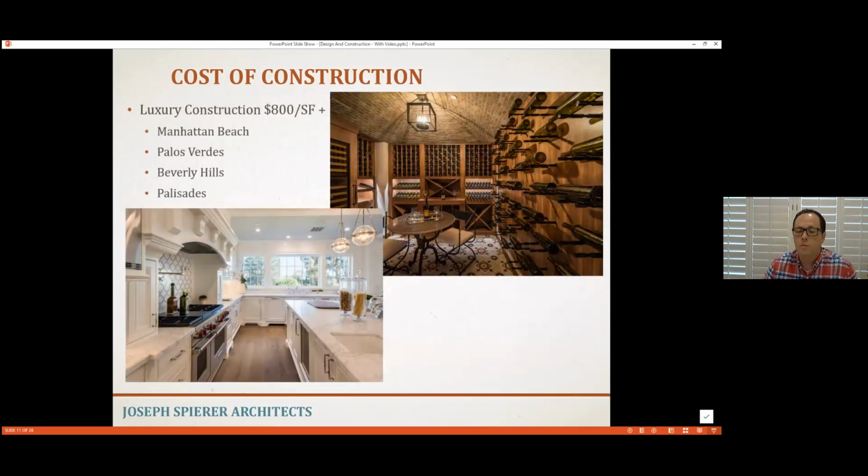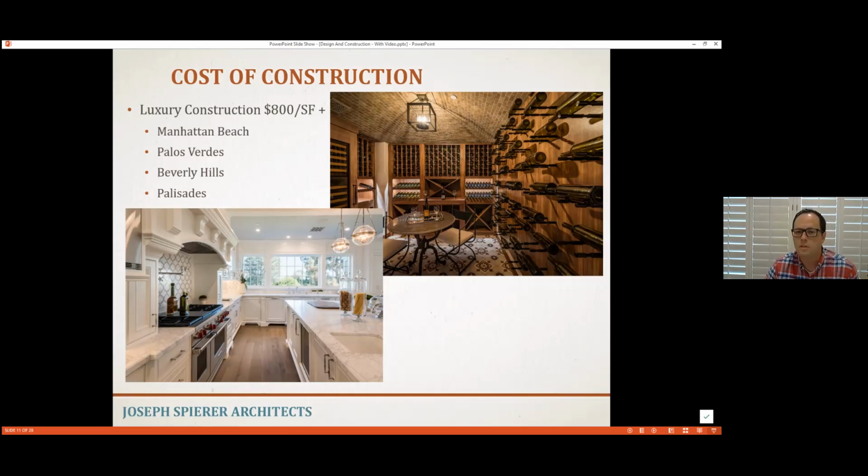Then, of course, there's anywhere in between. This is showing $800 a foot. This is another project that we did, in the Palisades. The things that drive up the price are things like the molding detailing that you see here above the stove, or the intricate shape on the nosing on the countertop, the eased edge that you see, different fixtures and appliances, how big your openings are, and, this is real brick here, do you have brick on your ceiling?